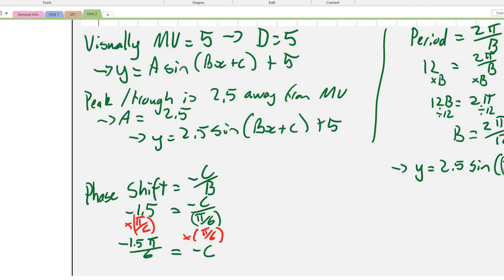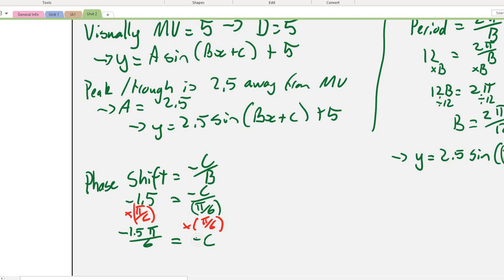So 1.5 pi divided by 6 equals C. You'd be well within your rights to leave that there, and if you gave me that on the exam, I would give you full marks. It hurts me as a maths teacher to leave a decimal in a fraction. It's just not the way things should be.